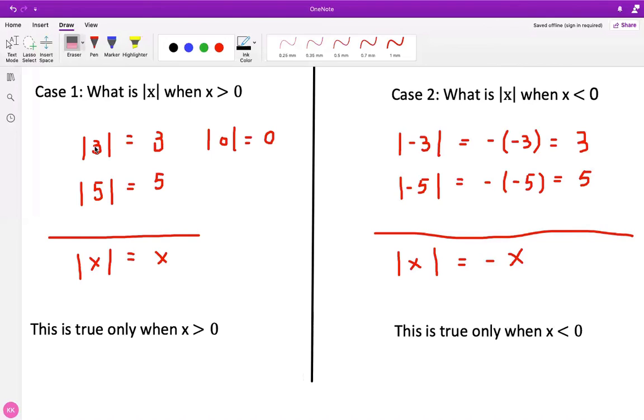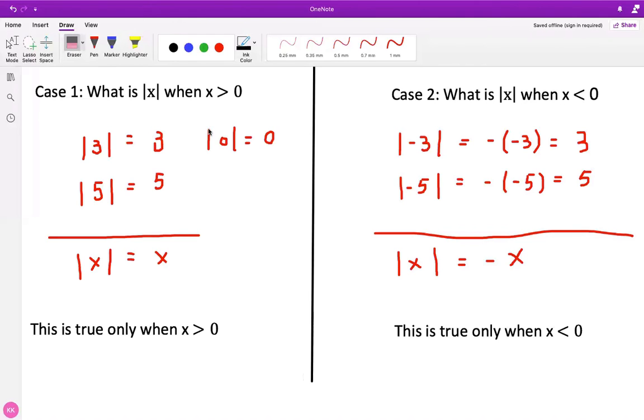We see that the input matches the output here. So I can assume that the input and output must match, and the absolute value of x equals x in the first situation. This is only true when x is positive. It's not true for negative values.